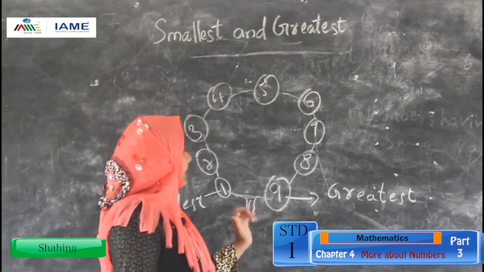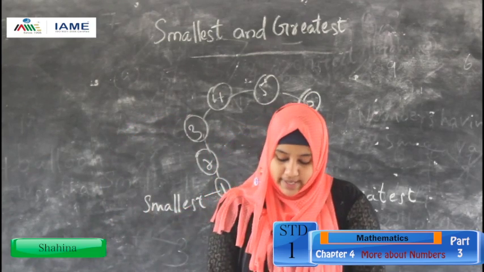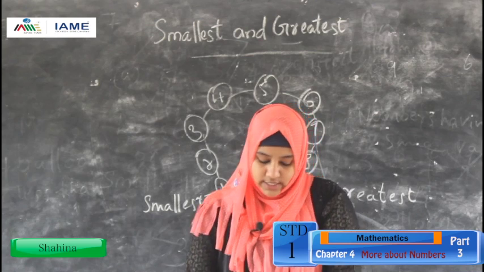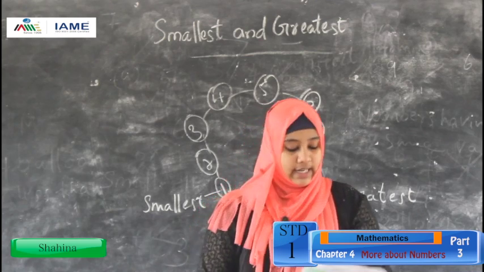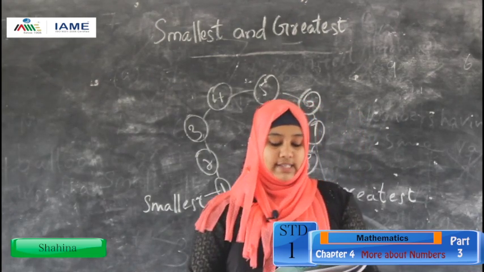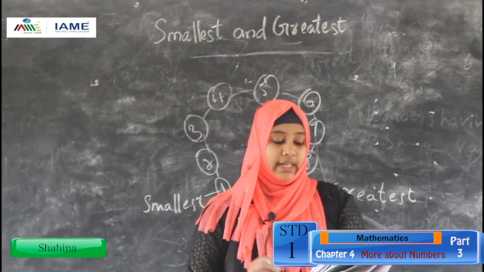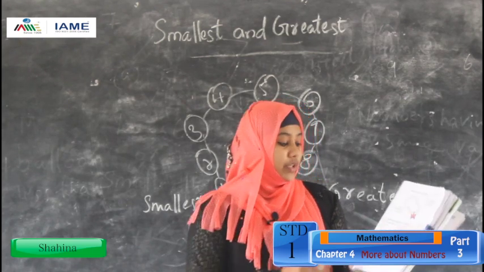Like that, in your maths textbook, page number 61, 5 necklaces are given. In the following necklaces, color the smallest number bead in red and the greatest number bead in blue.